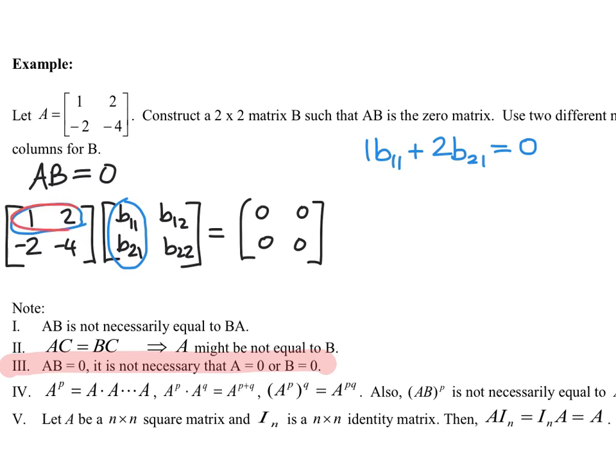So then row 1 multiplied by column 2, so dotted against: 1 times B sub 1,2 plus 2 times B sub 2,2 is equal to 0.